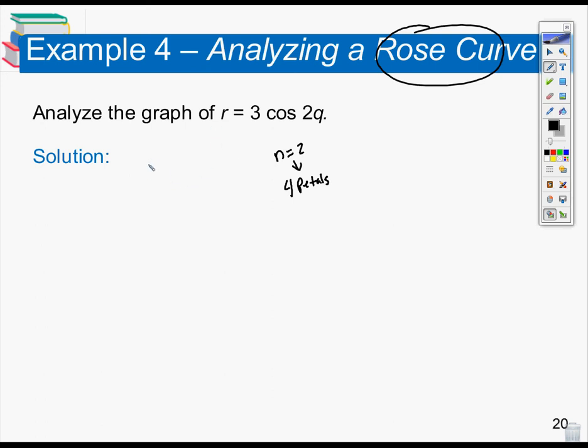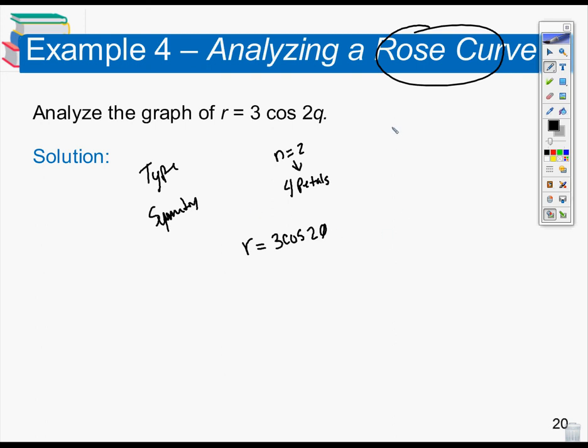So I know the type, I know that it's a rose curve, I know the symmetry, and then, at this point, I think I'm just going to jump right to my calculator, and I'm going to type in r equals 3 cosine of 2 theta, and then I'm going to be able to see and validate all of my opinions here, that it's going to have 4 petals, it's going to have this symmetry, it's going to have zeros at pi over 4 and 3 pi over 4.